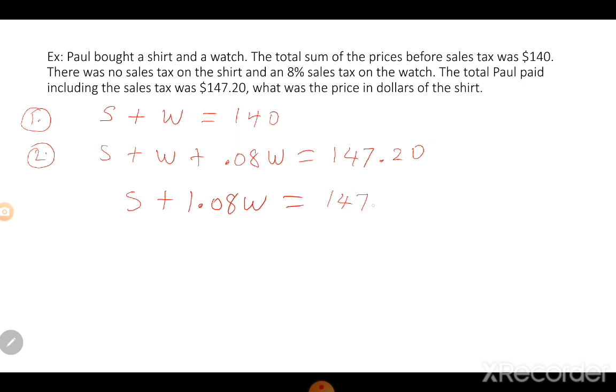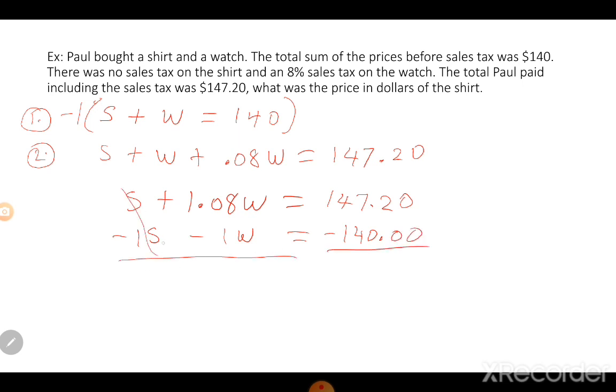So now I wish to subtract this second equation, so I can multiply by -1, and that will give me minus s minus w, that's 1w, this is 1s, equal to minus 140.